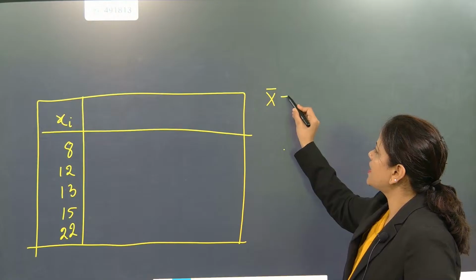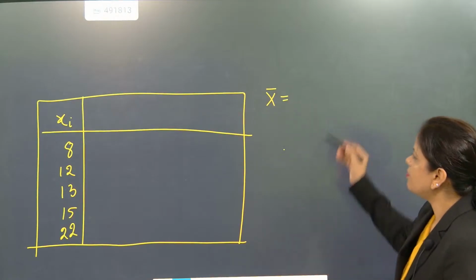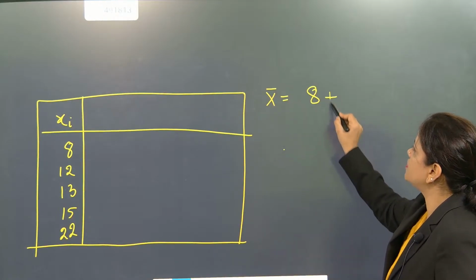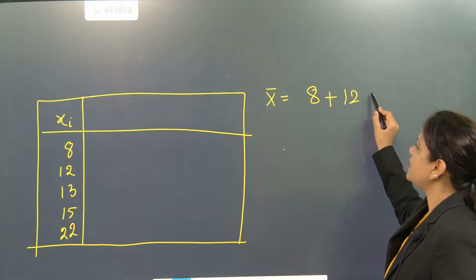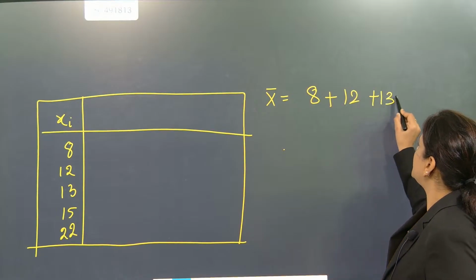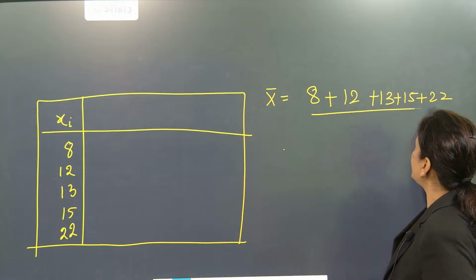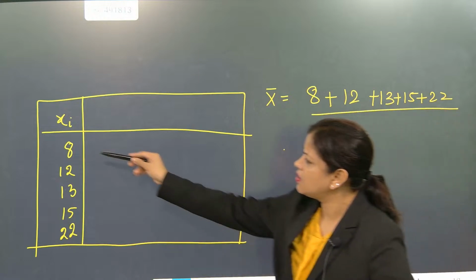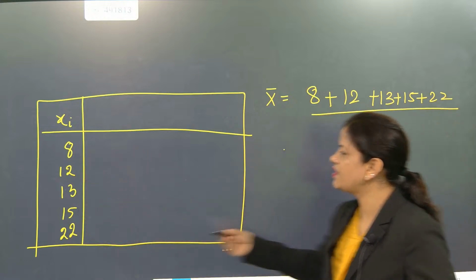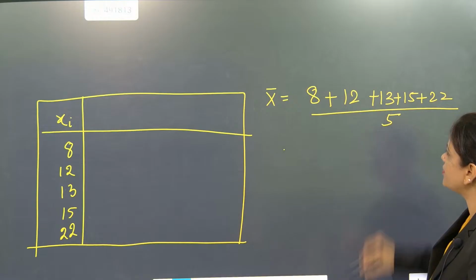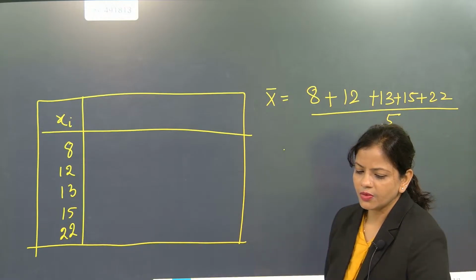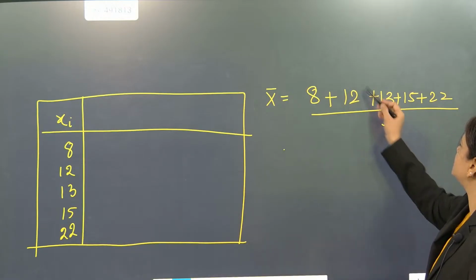Mean will be the sum of all the distinct observations: 10, 8, 12, 13, 15 and 22. And how many times has this observation been done? 1, 2, 3, 4, 5. 5 times, so here n will become 5. Now beta, what we are going to do? We will add this one out.